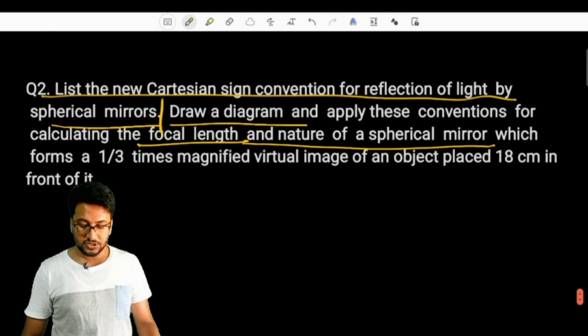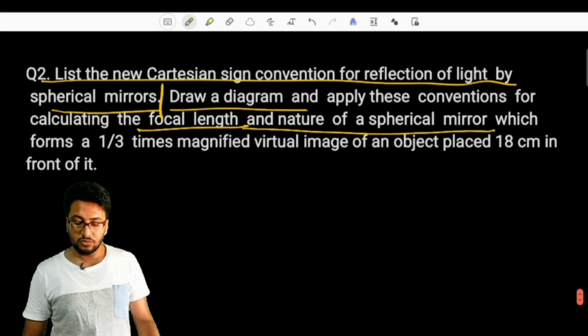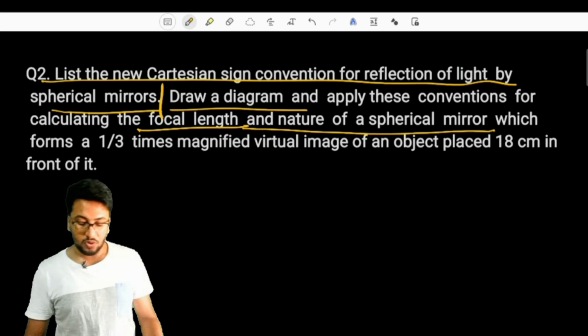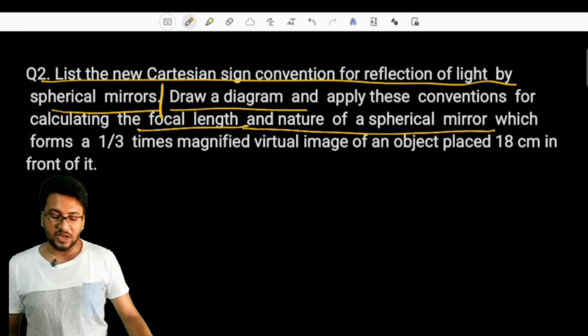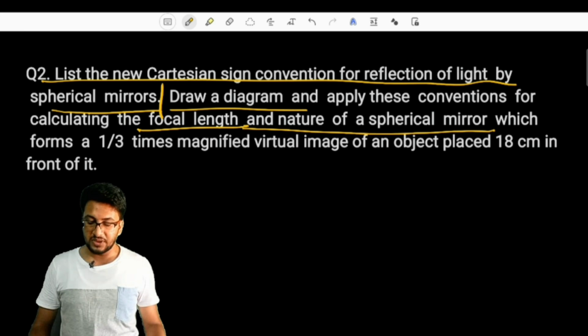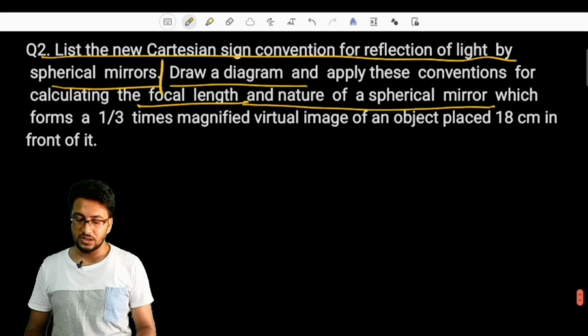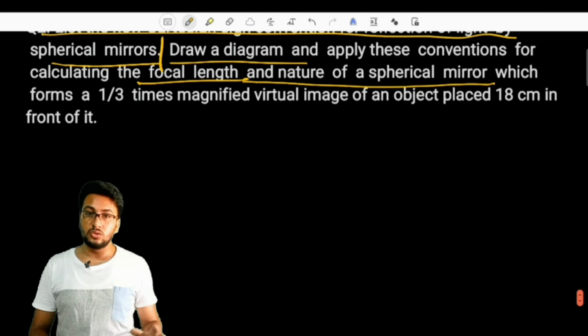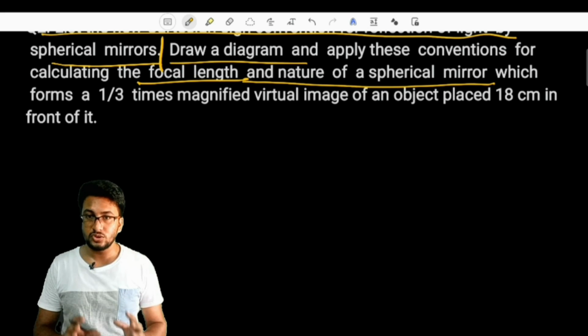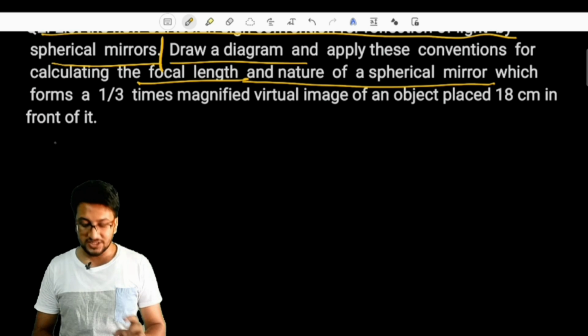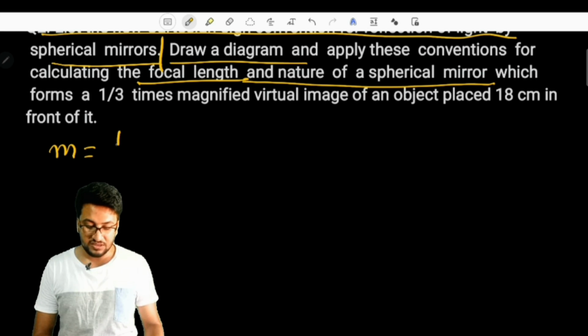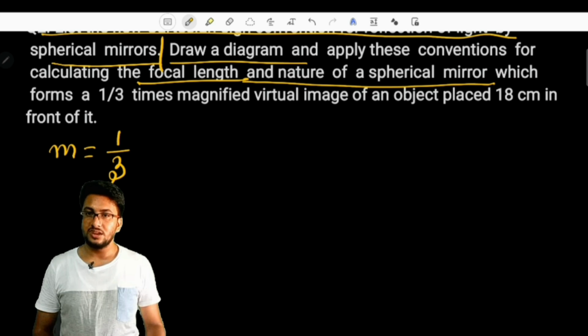But in the second case of the question, we have to find the nature of the spherical mirror which forms a 1 by 3 times magnified virtual image of an object placed 18 centimeter in front of it. Now here no clue is given, only it is said a virtual image is formed, but the magnification is given as 1 by 3, okay.